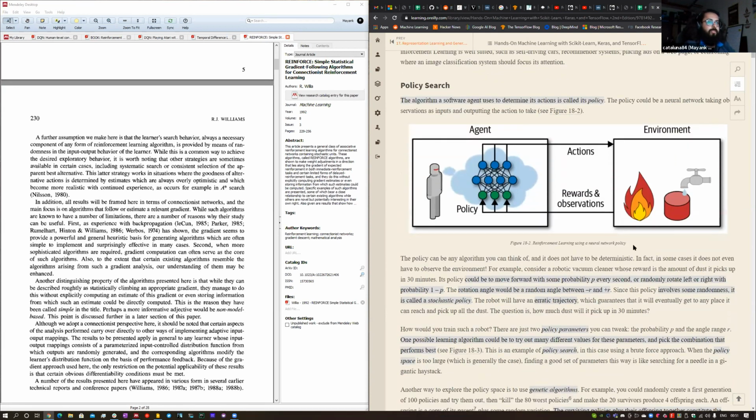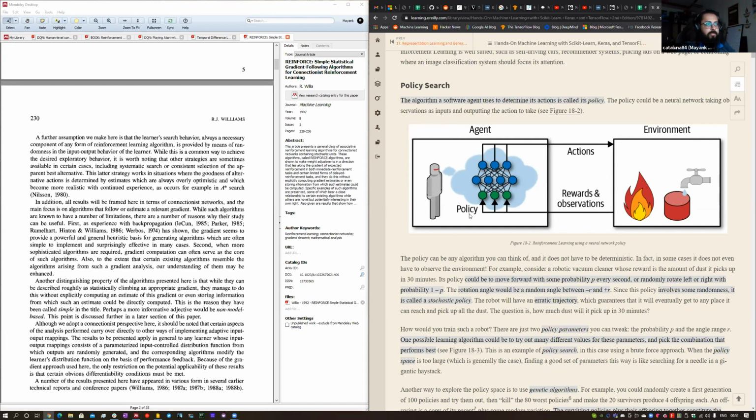Then we go on to policy search. The policy, as they've defined it here, is the algorithm a software agent uses to determine its actions. You can also think of a policy as in this figure.